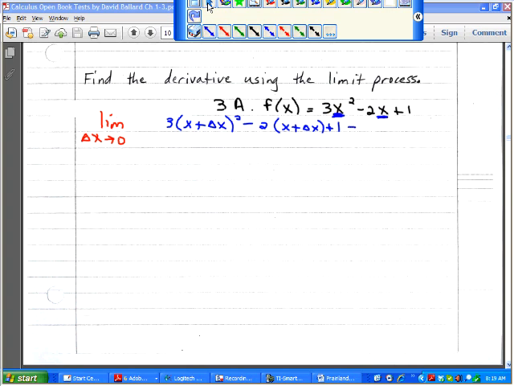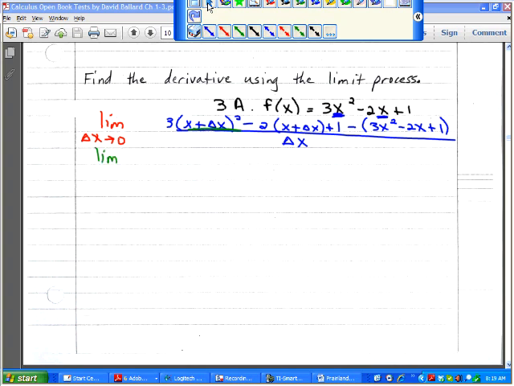That means we replace x with x, and so then we would have 3x squared minus 2x plus 1 all over delta x. There we go. So we need to square the binomial first.